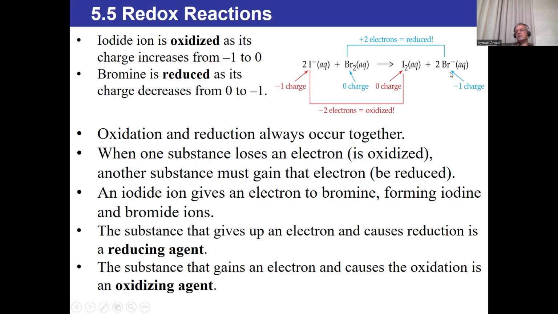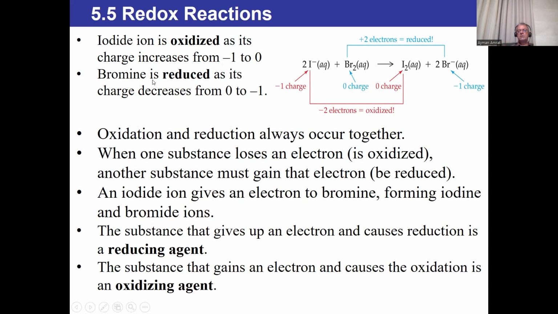Now 2Br minus in the product means 2 minus. This occurs by gaining 2 electrons. Br2 gains 2 electrons to form 2Br minus. This process is reduction, reduced by 2 electrons, while 2I minus loses 2 electrons, oxidized to form I2.